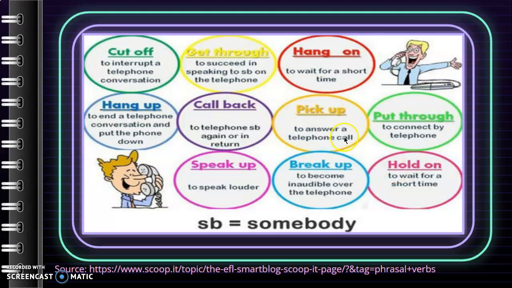Notice that in this case we have some verbs that are the same, for example, hang, but the preposition is different. A different preposition changes the meaning. Or the same preposition with different verbs, like get through and put through. Different verb, different meaning.